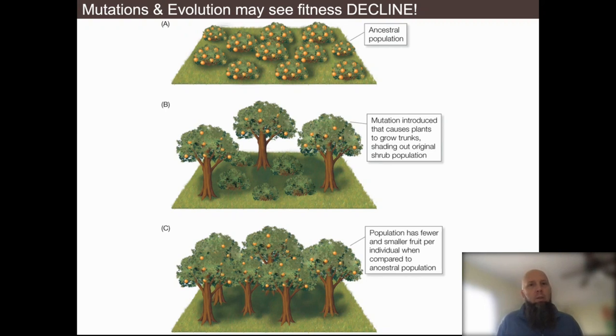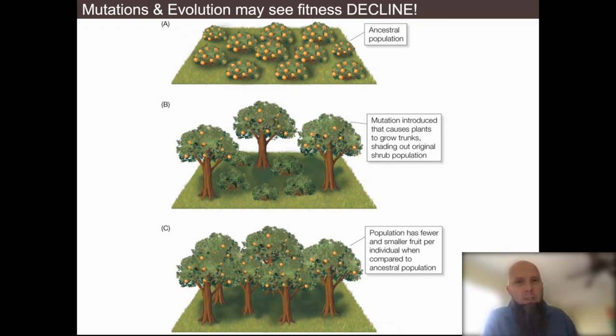This is a really cool example where a population of plants produces fruit, right? So this ancestral population, these really low shrubby plants, produce loads of fruit. They have high fecundity. In B, we have a mutation that arises in the population that causes some individuals to grow tall, woody stems, okay? But as a consequence, they don't produce as many fruit.